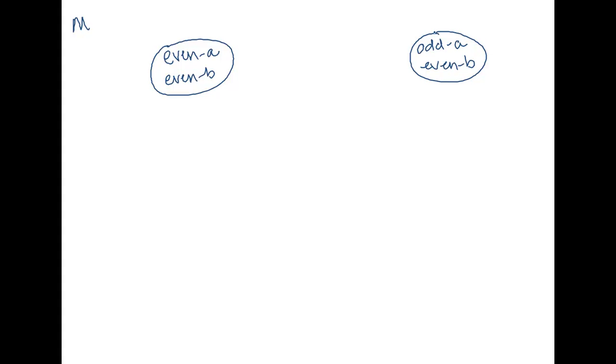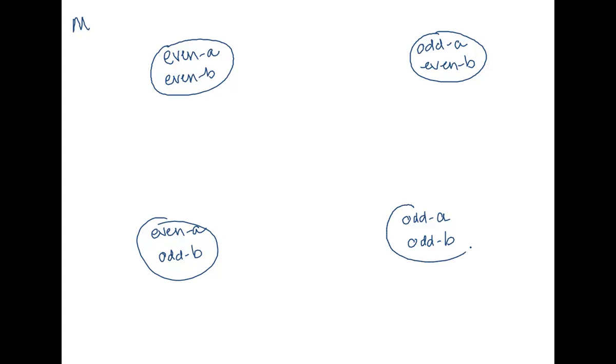Okay, so now I have both combinations of states from machine A paired with one state from machine B, right? So now I need the other set of combinations. So let's do even A paired with odd B. And then let's do odd A paired with odd B. Okay. So you can check that I now have every combination of states from machine A and machine B, right?